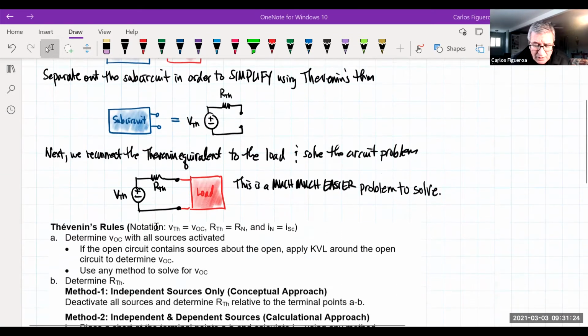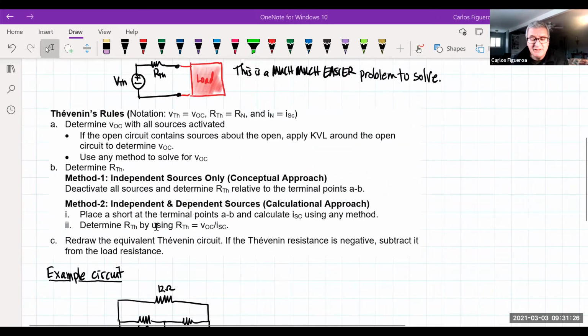And so the Thevenin rules that you're seeing here is that ultimately your goal here is to calculate the Thevenin voltage, which is known as the VOC, the open circuit voltage, the Thevenin resistance or Thevenin Norton resistance. And the process is always the same.